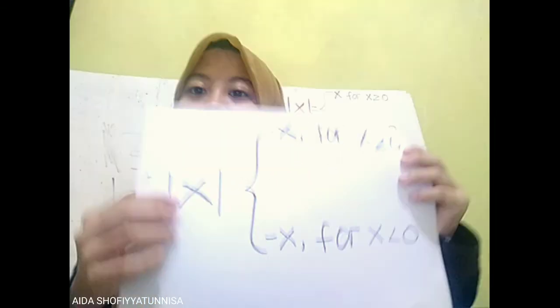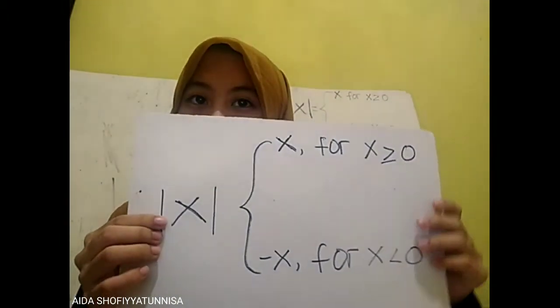So before entering the core of learning, we must know what absolute value is. Absolute value of a real number x is the distance between the number and 0 on a number line, and is described by absolute x.